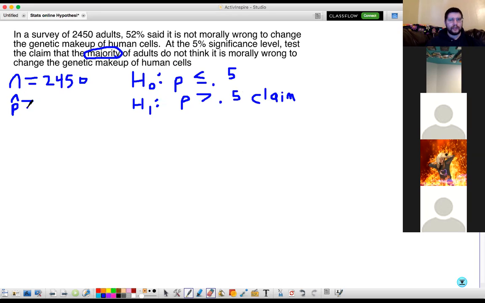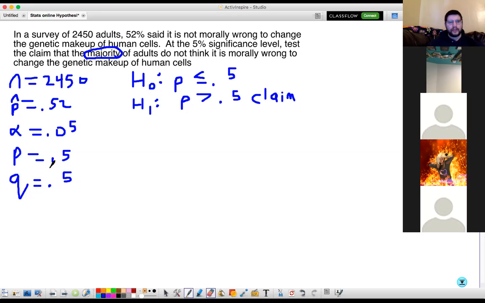P hat in this case is 52%. Alpha is 0.05. P was 0.5, which makes Q also 0.5. So does everyone understand how to read the problem and get the information from it?